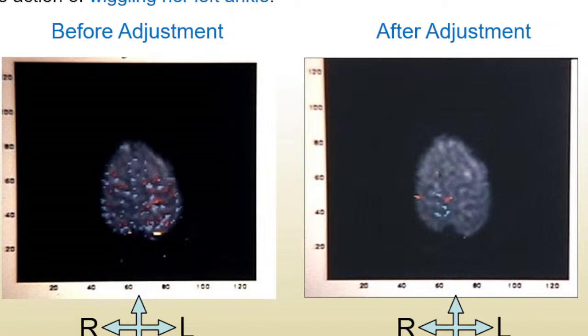What we see is that before the adjustment, you had many areas of light in the brain, and after the adjustment, you had fewer areas of light within the brain. The areas of light represent areas where the brain is doing more work.